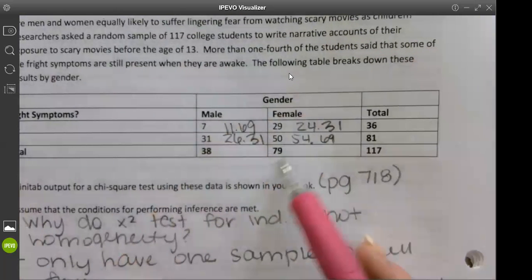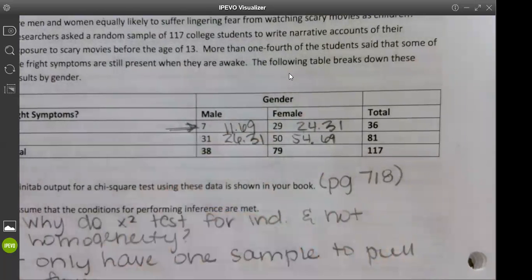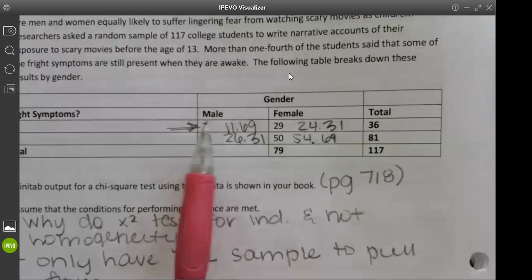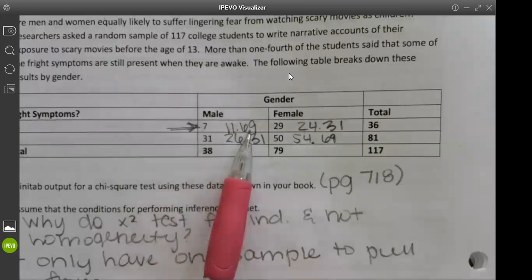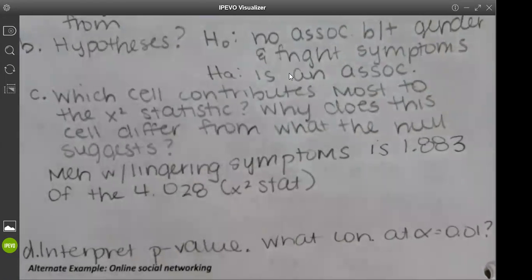These three don't really matter. We're only looking at this one. That's the one it's asking about. The number in the charts, the observed, is the null. Everybody understand that? This is the expected, okay? So what's it say? Why does this cell differ from what the null suggests?